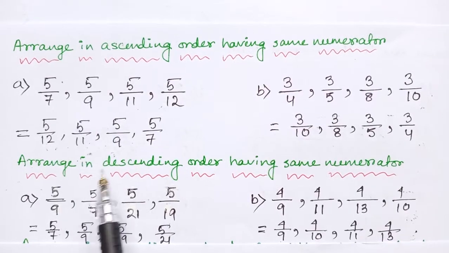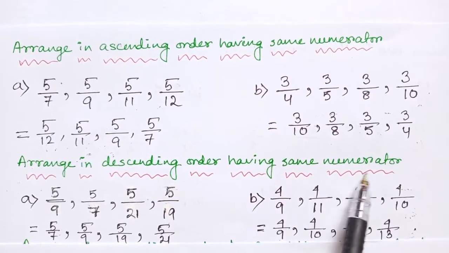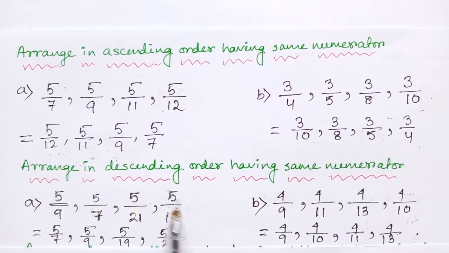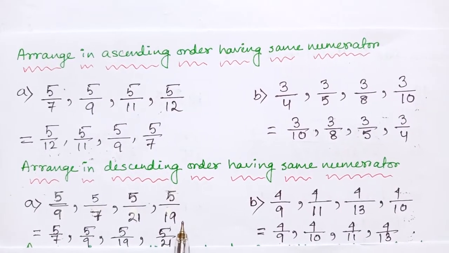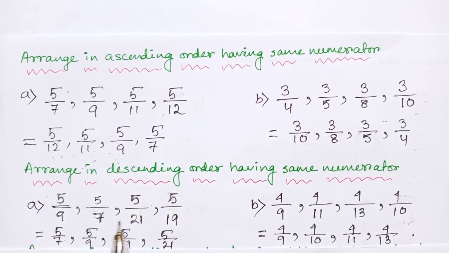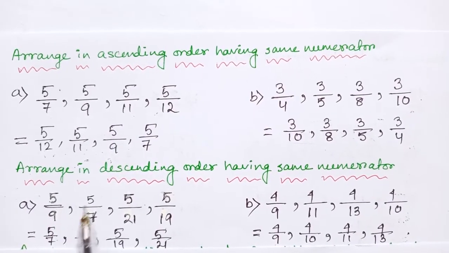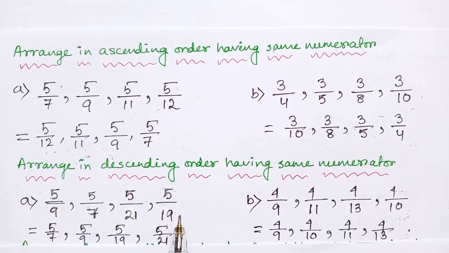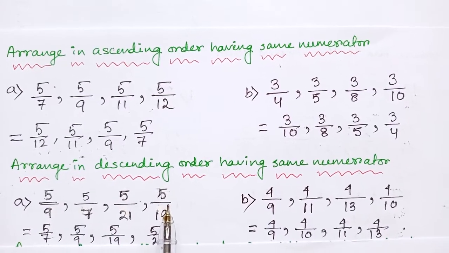Now come to arrange in descending order having the same numerator. When all the numerators are same, then the fraction having the greater denominator will be the smaller fraction. Okay. So 5 by 9, 5 by 7, 5 by 21 and 5 by 19. Here all the numerators are same, that is 5.